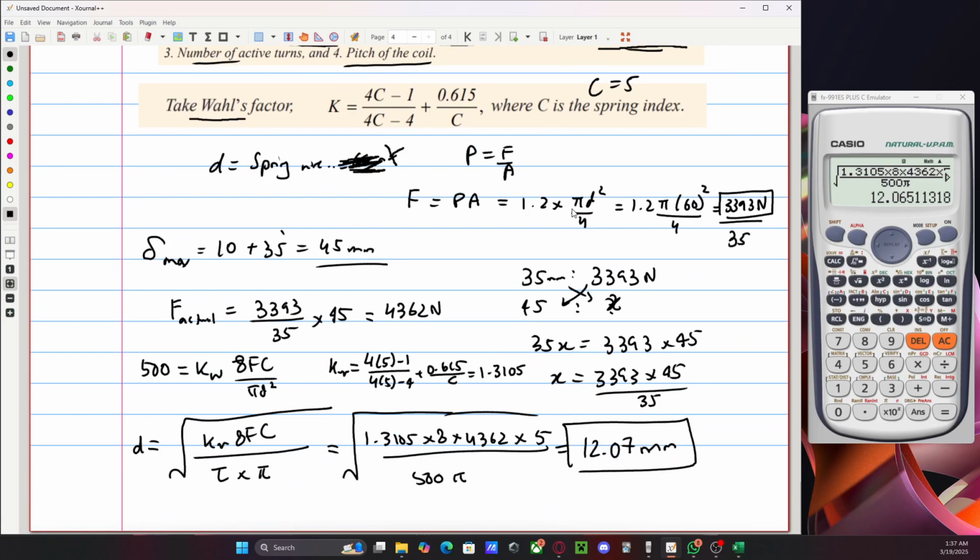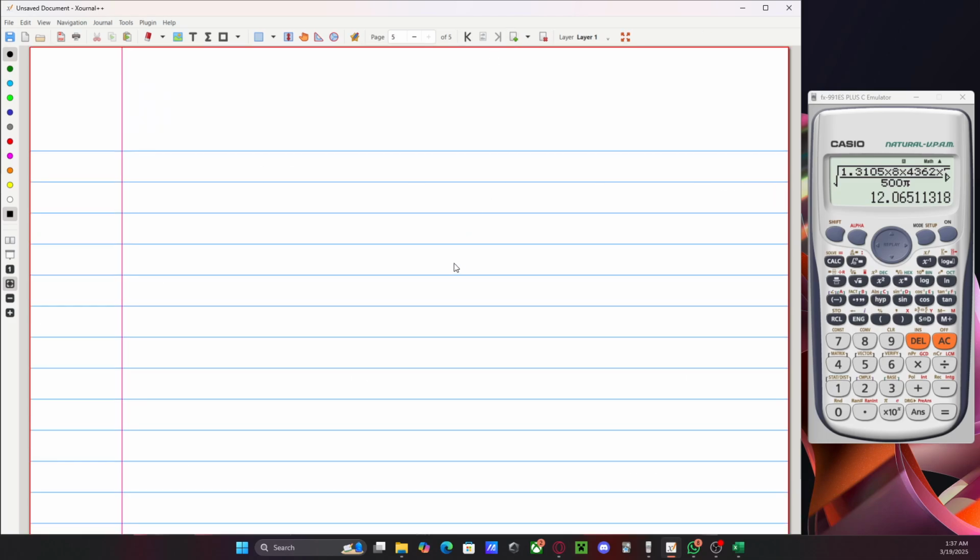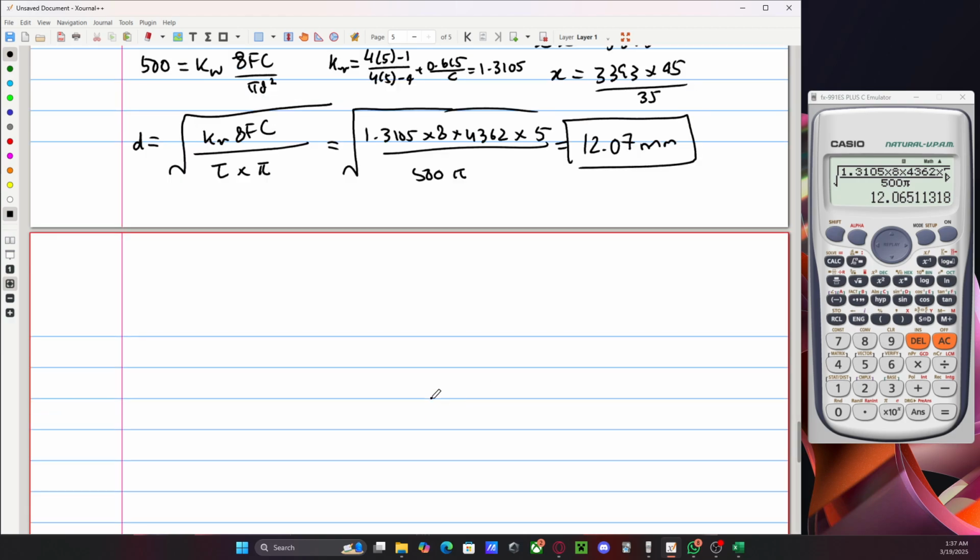So that's part one. Now, how do we work out the mean coil diameter? When they're asking about mean coil diameter, they're asking about capital D. So this is part two. We know that C is equal to D over small d, so D is just C times d. That's just 5 times 12.07.